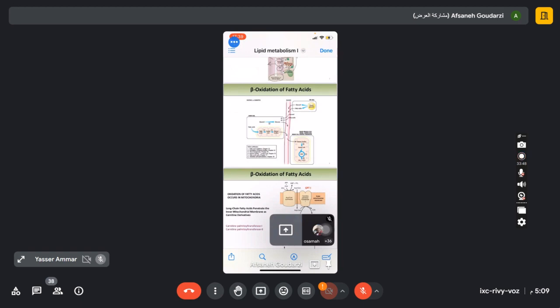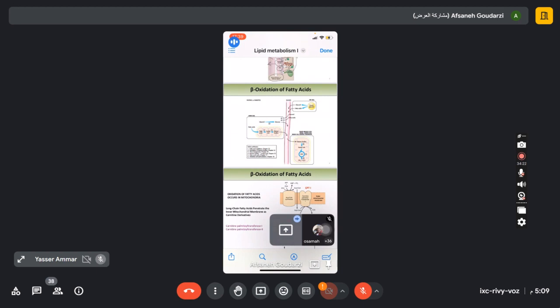So now the lipid is absorbed in our body. What does this lipid include? When I say lipid, it includes fatty acid, lipid soluble vitamin, cholesterol, phospholipid, everything.